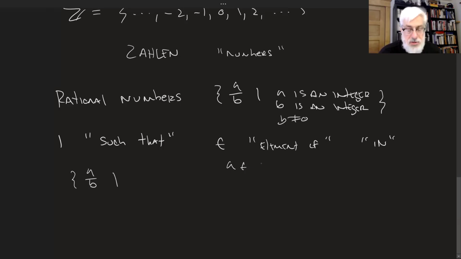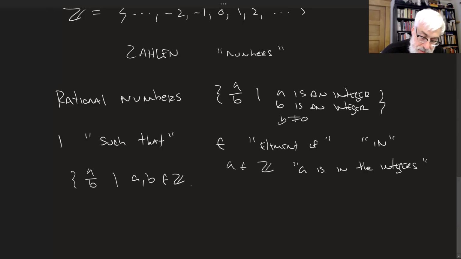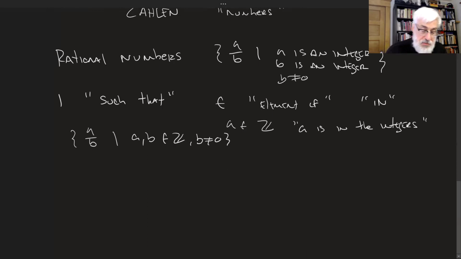And since we have the integers, remember fancy Z is the integers, this means a is in the integers. It's just a more concise way to write this definition: a over b, where a and b are integers and b is non-zero, meaning b could be anything but 0. Okay, so that's how we have the rationals defined.